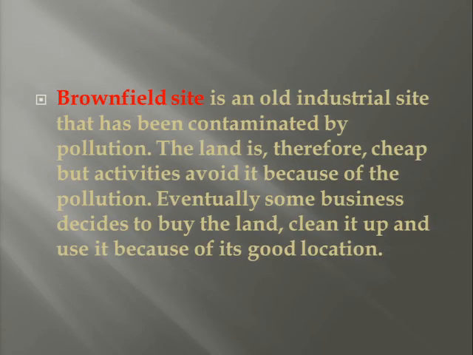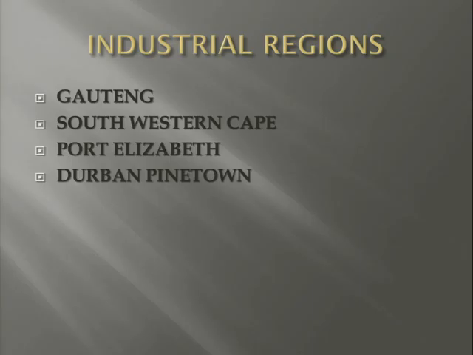Now, the next thing that we also have to know are the industrial regions that we have in South Africa. Industrial regions that we have: Gauteng Industrial Region, the Southwestern Cape, the Port Elizabeth Industrial Region, and the Durban Pinetown Industrial Region. Guys, it's important. Remember, we started off with factors that promote the location of industry.